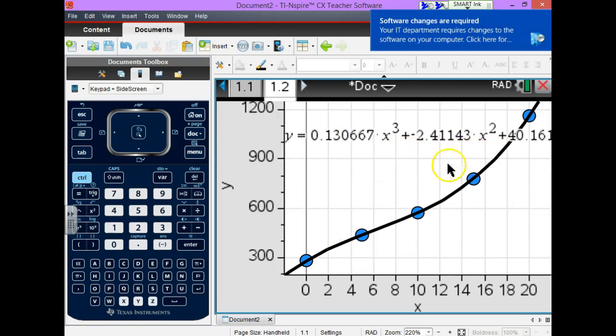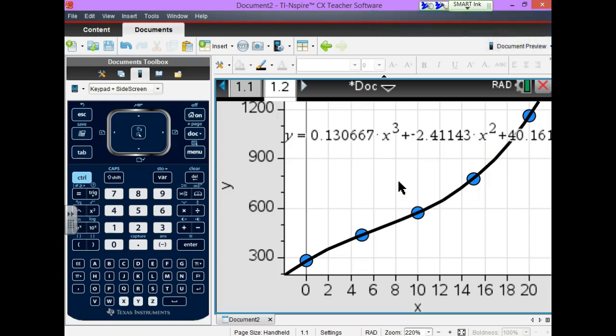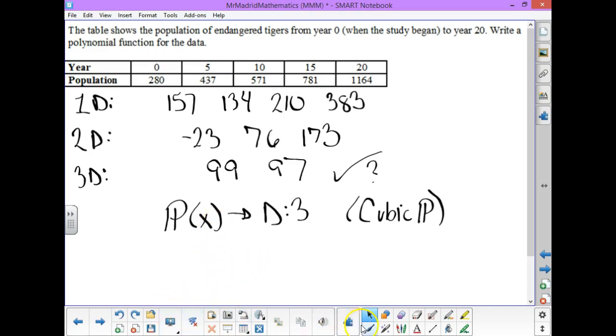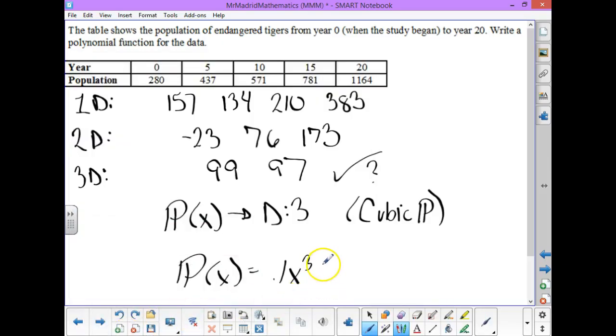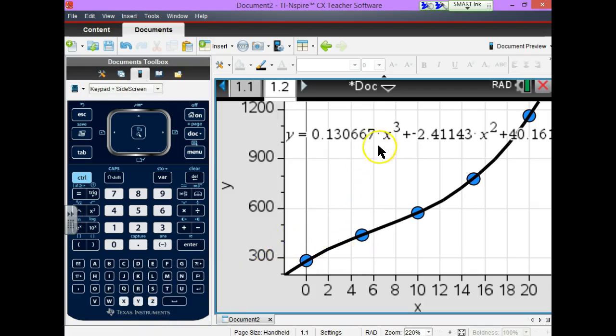Now there was kind of a curvature there, but anyways, I'm just going to go one decimal spot, so 0.1x cubed. Then 2.4x squared.